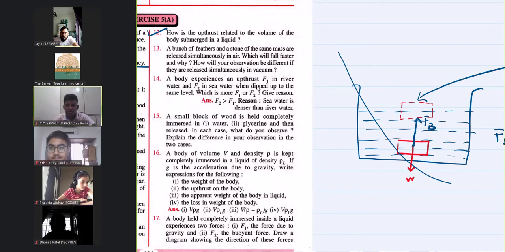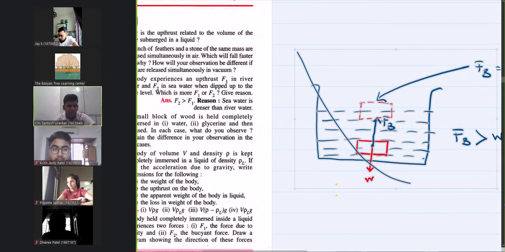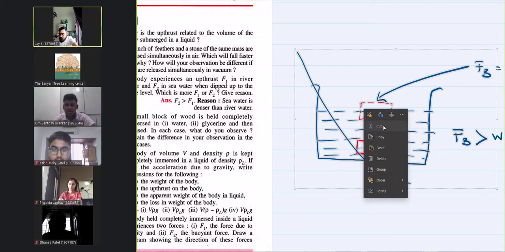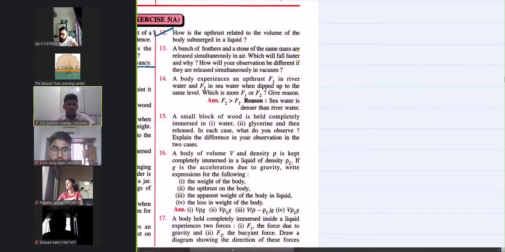Can you please frame it again, Om? Sir, upthrust is greater to the volume. Upthrust is greater to the volume. There is no such sentence. What is this?